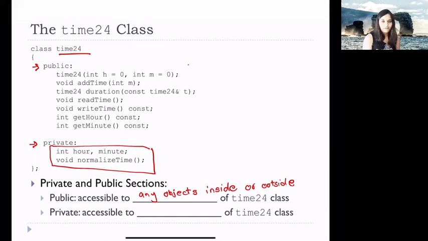So public says it's accessible to any object. Doesn't matter if it's inside or outside the scope of the class, whatever class we are dealing with. So here we are dealing with class Time24.